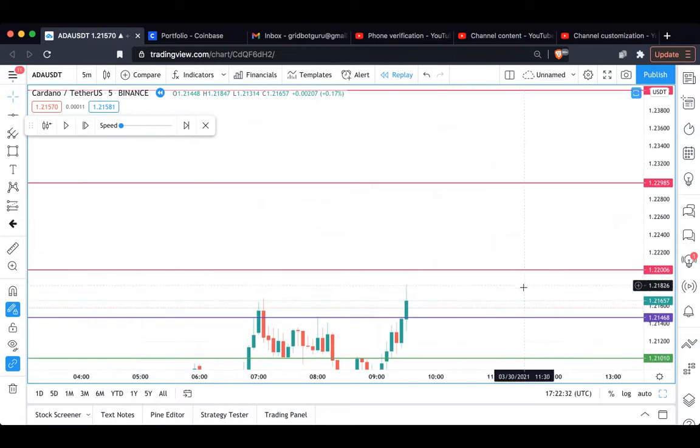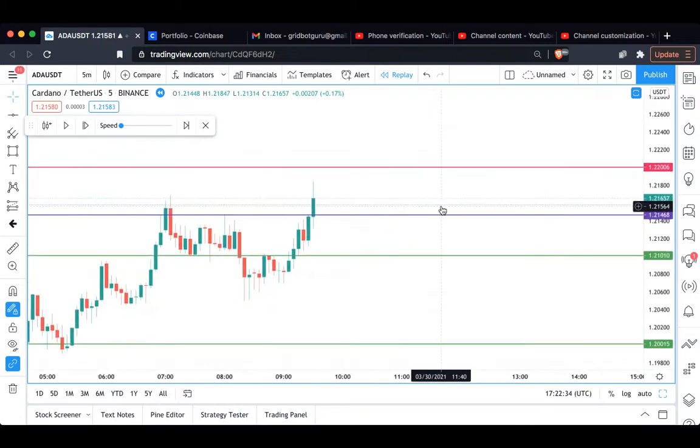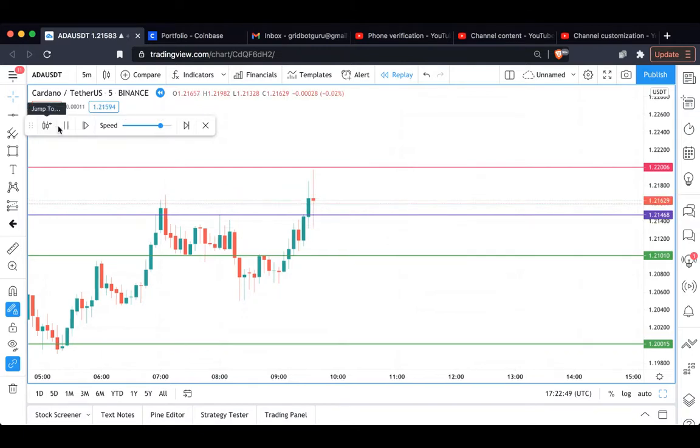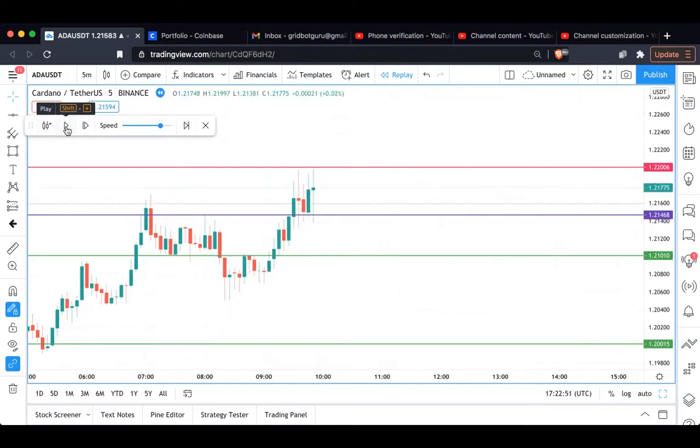Now here is the beauty of this. I've got it a little zoomed in so you can see it. As this goes, it is going to start automatically selling for you. I'm going to speed it up. Right there, it looks like it touches that red line.